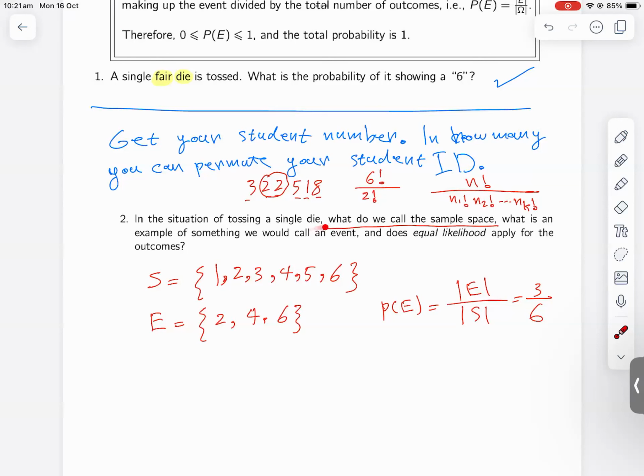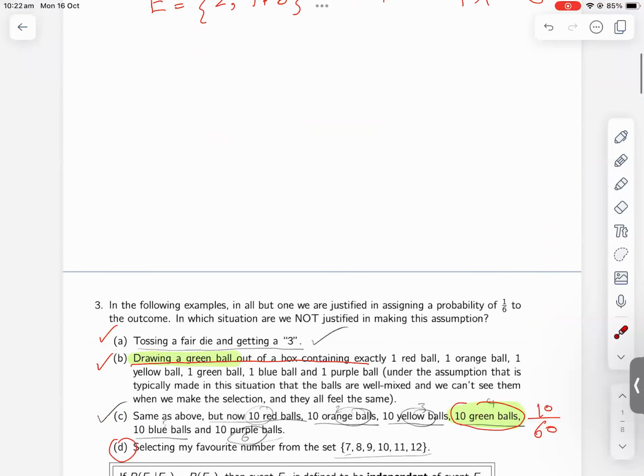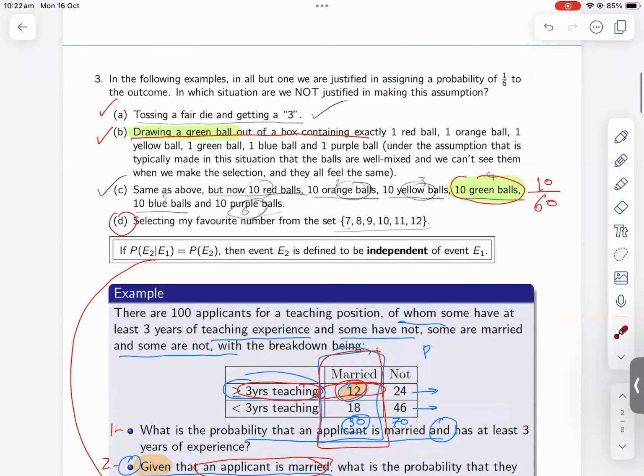This die is fair, and the chance of getting any number is equal to the others, so every number will be 1/6. So the probability of getting an even number will be the cardinality of this set, 3, over the cardinality of the sample space, 6.